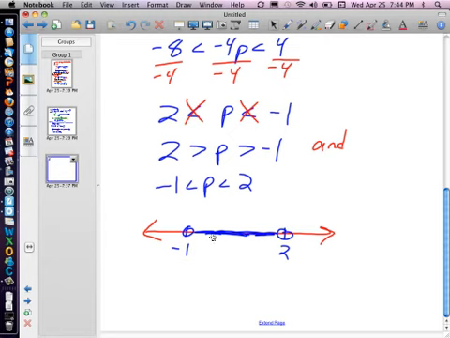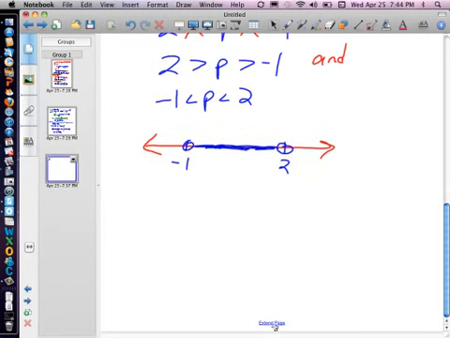For your homework, I'm going to assign 2 problems. Those problems are number 5, and that is negative 2 is less than a plus 1 is less than 3. Remember, that is an AND statement. That's a conjunction. I also want you to do 14.